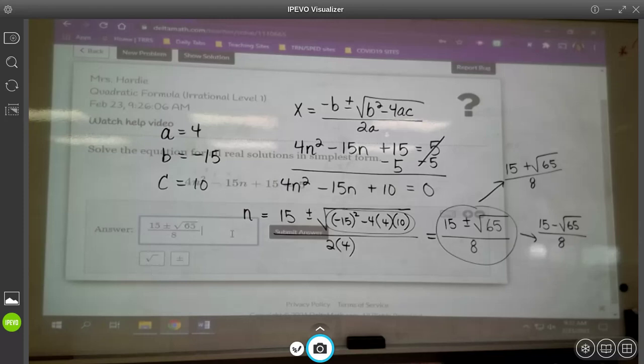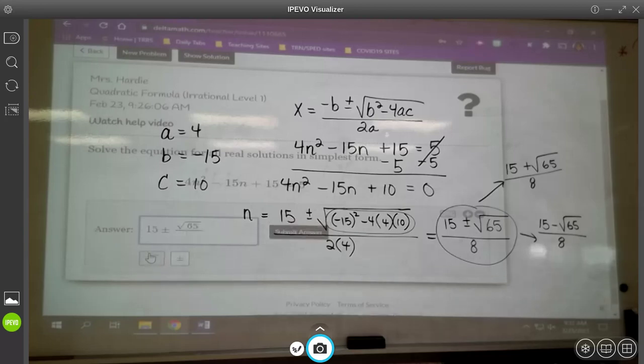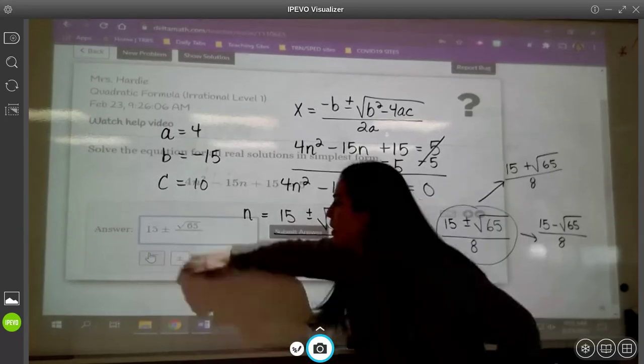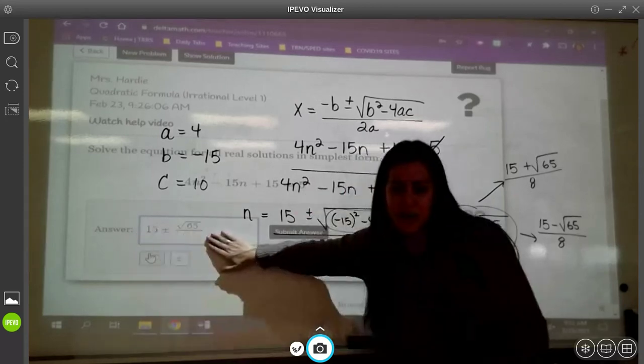Otherwise, if you just do 15 plus or minus the square root of 65, get right arrow out of that square root. If you put the division bar now, it only puts the radical, the square root, over the 8. And you don't want that. That's wrong. It all has to be divided by 8.